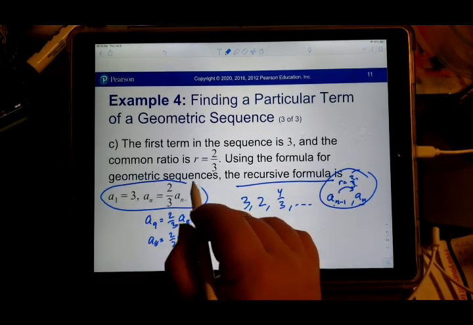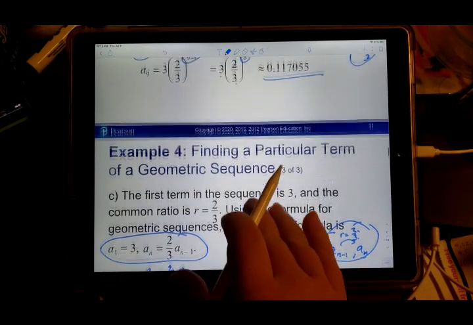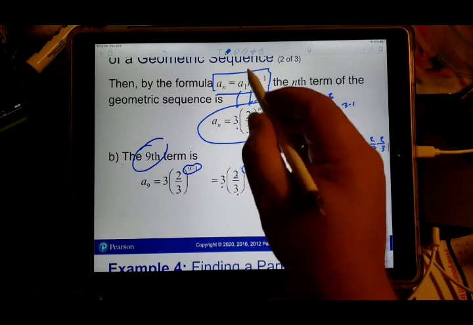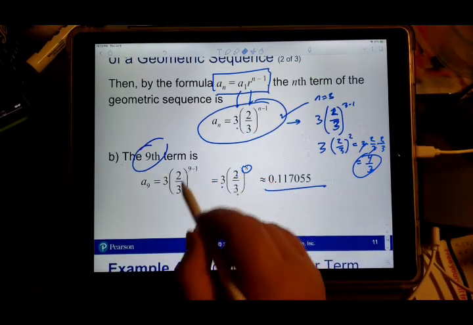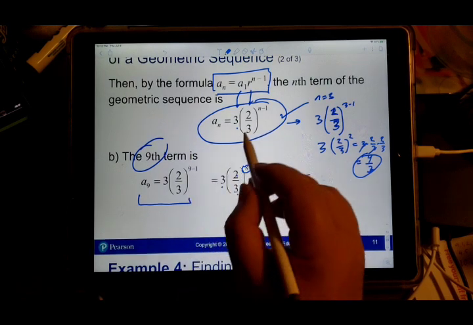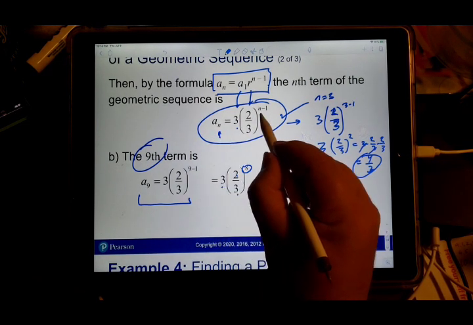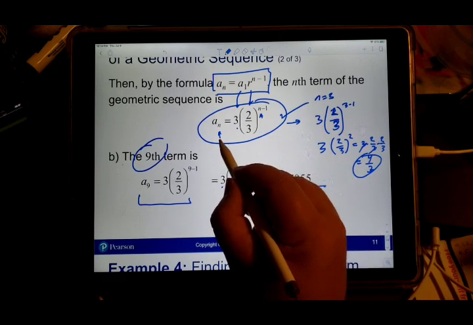So while this is the answer to the question, what is the recursive formula? The superiority of the other formula is that we're putting in n to find a sub n.